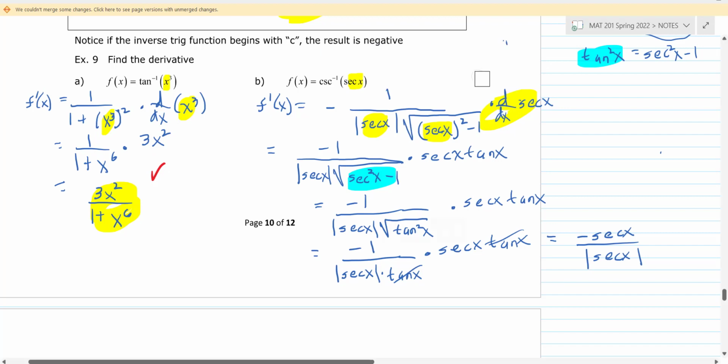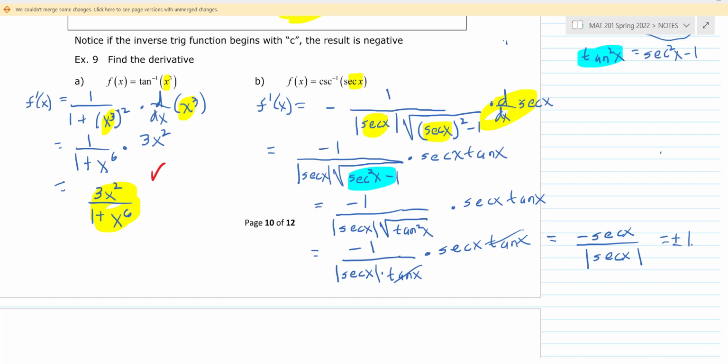I had to pause to take a look at something on my calculator. Basically, you're going to get either a plus or minus 1 on this, and it's going to depend on what the value of x is.